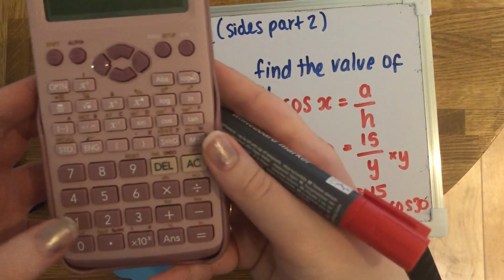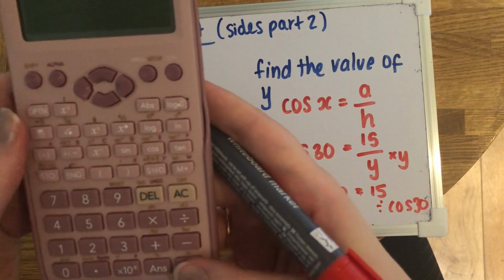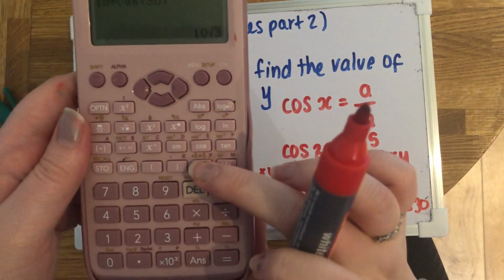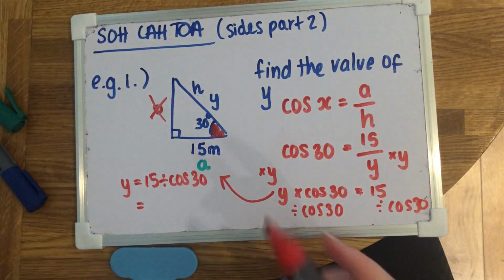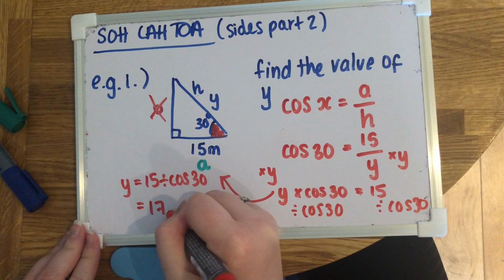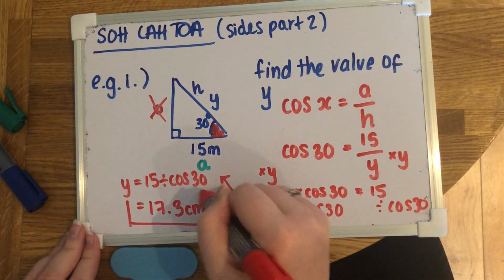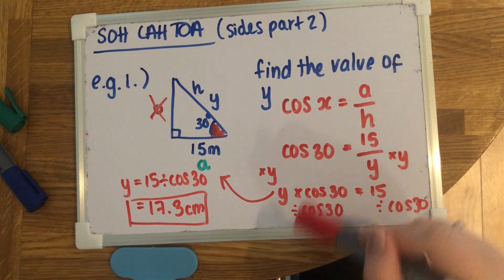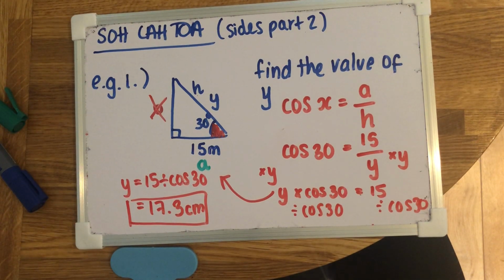So 15 divided by cos of 30. Okay, it gives us a third, so to change that we're just going to click SD. And it gives us 17.3 centimetres. Okay, so it's not any harder, it's just a little bit extra step here. Okay, but you do them all the same way anyway.